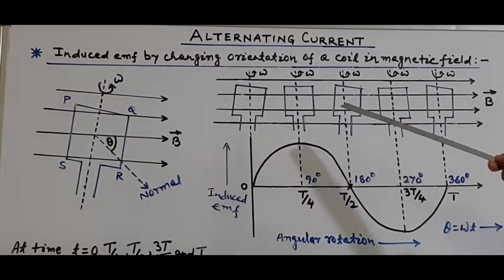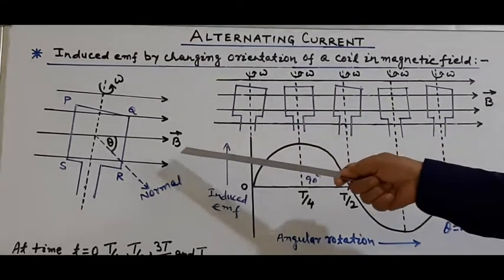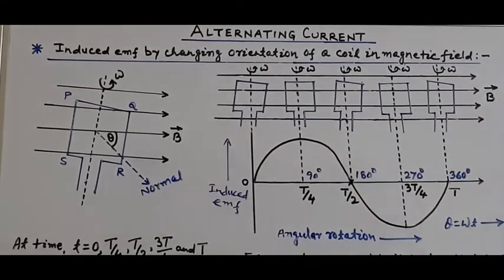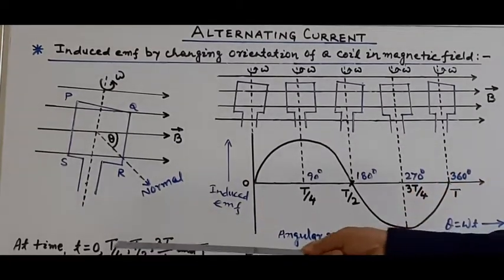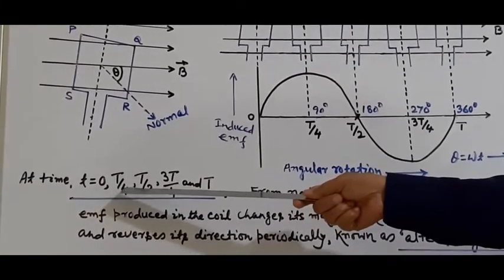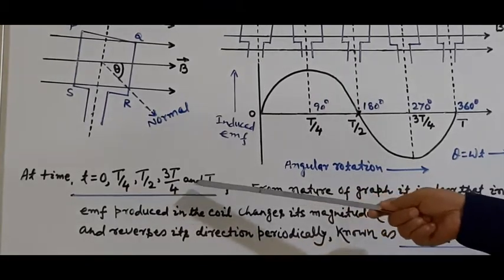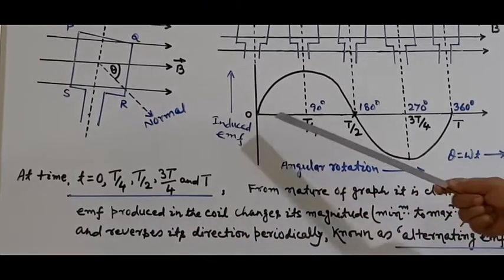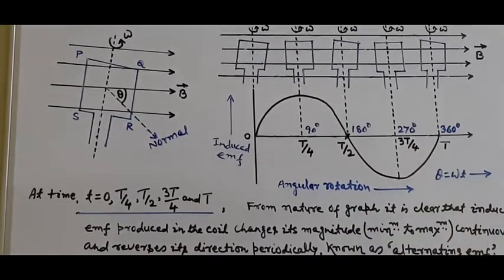If we take the 5 different positions of this rotating coil in the uniform magnetic field B at regular intervals of time, suppose t is equal to 0, to t is equal to t by 4, t by 2, 3t by 4 and t, like over here: 0, t by 4, t by 2, 3t by 4 and t.